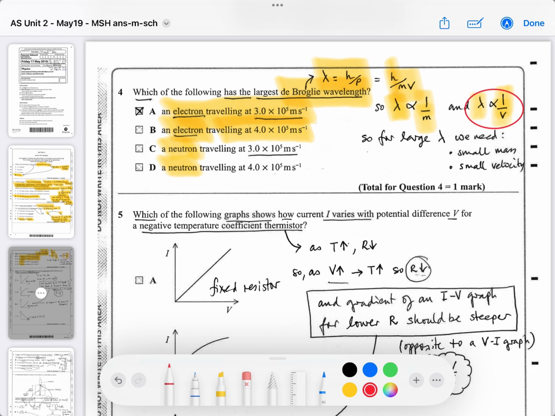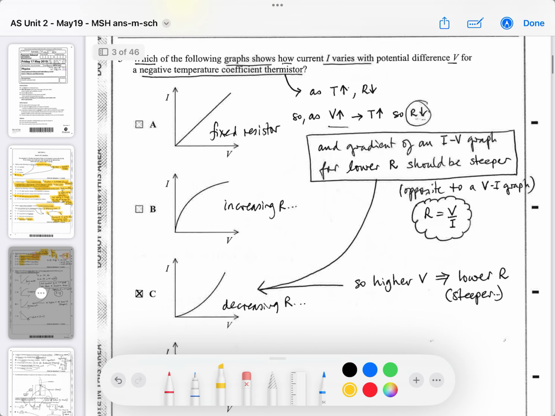Lambda is proportional to 1 over v, and the v here is smaller than the v underneath it. The smaller v will have the larger de Broglie wavelength. Okay, so back to the questions.